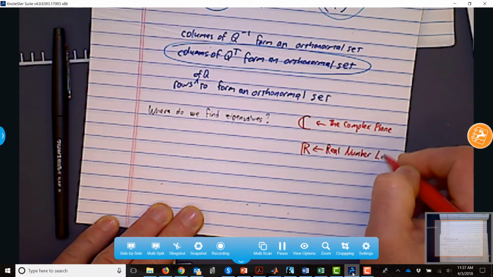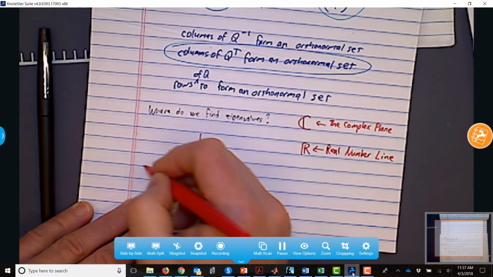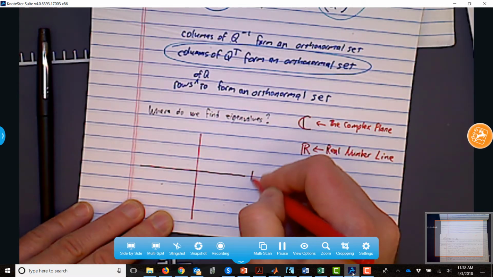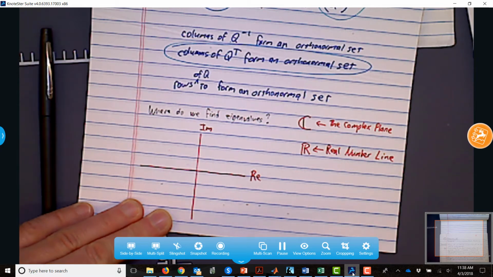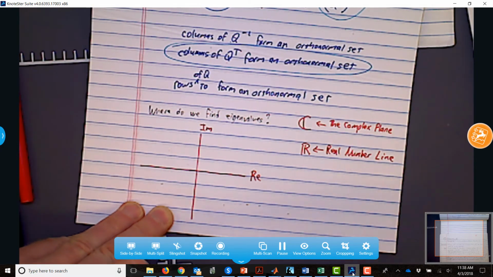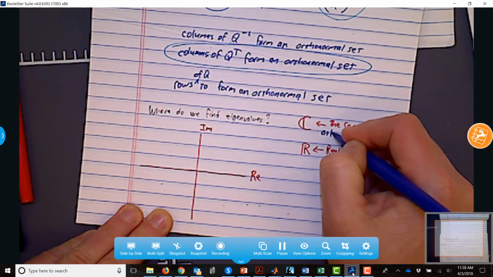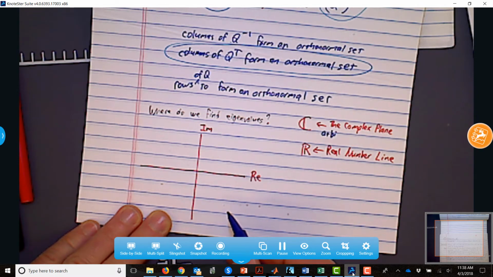I drew this for you guys last time when we were studying Gershgorin disks. If you want to plot the eigenvalues, complex numbers are of the form a plus bi. So you go over a and you go up b, right?